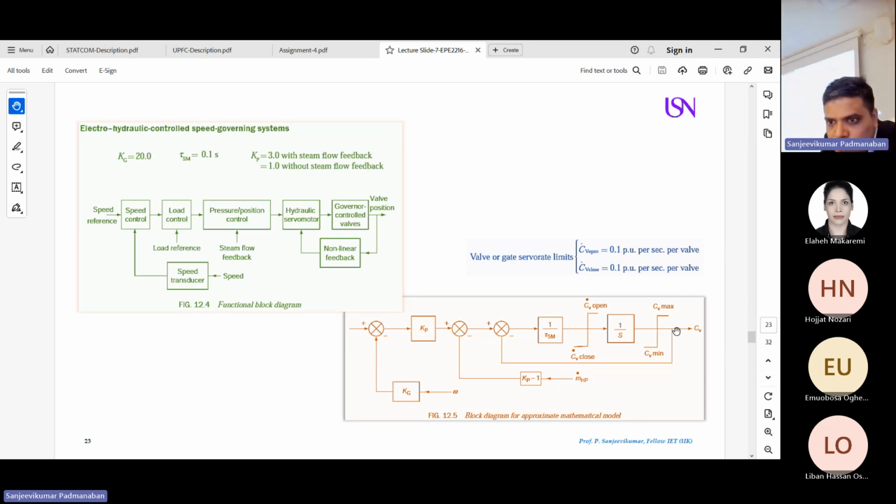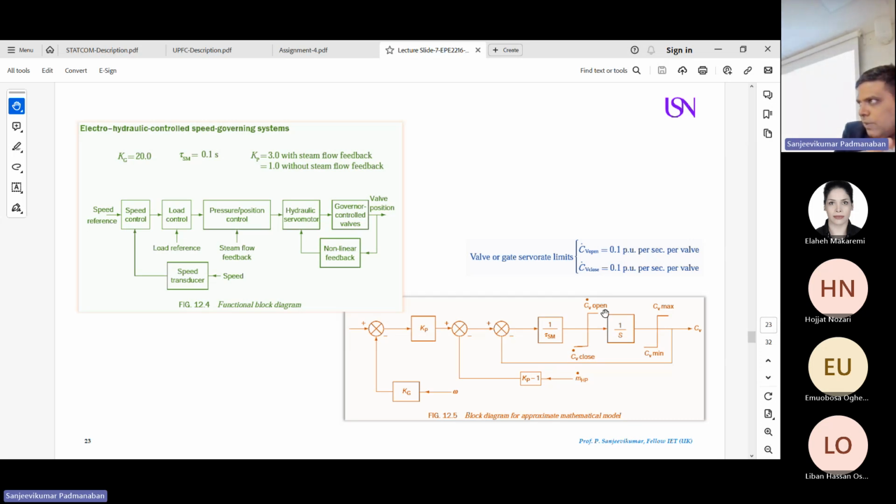From the valve output position, I take it here as a feedback. Then I integrate by using time constant tau SM. You know how to fix the value. Everything is given explicitly to make the model. Then I fix the valve opening and close. We already saw how to fix it. Then I integrate this in order to find the position. Now I get the position. I know how to fix the value of C max and C min. Then I make it a closed loop here. So this is the complete model we have seen in the beginning.